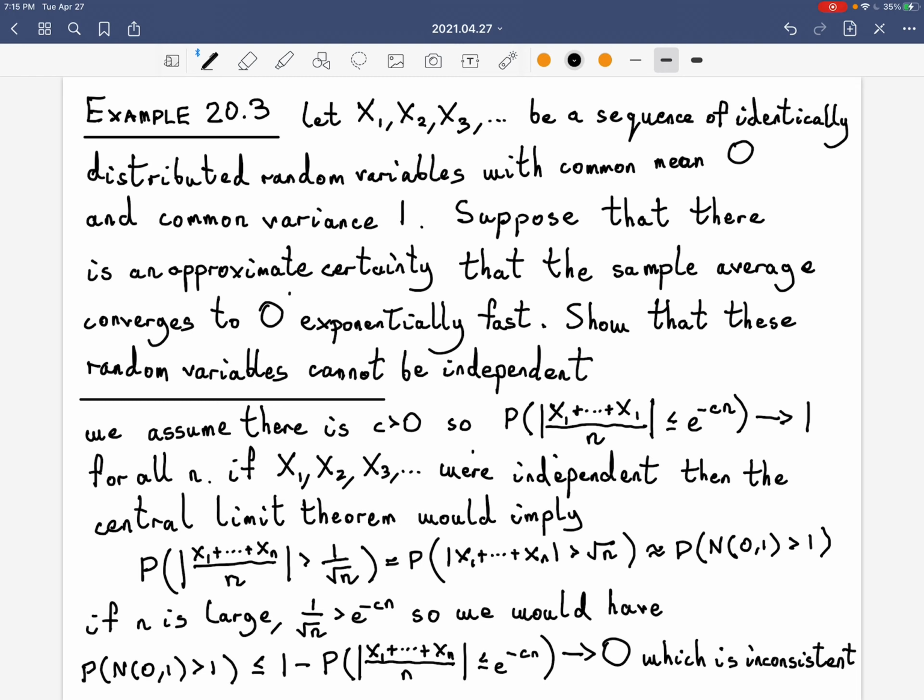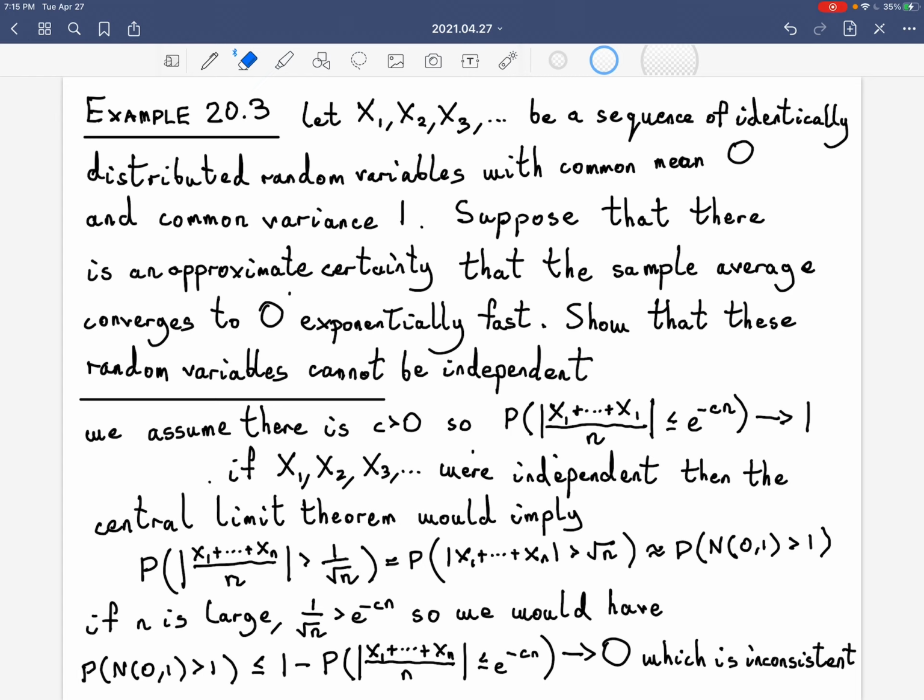So the sample average is decaying exponentially, with probability that converges to 1. And so we can try and understand why that's inconsistent with independence of the random variables.